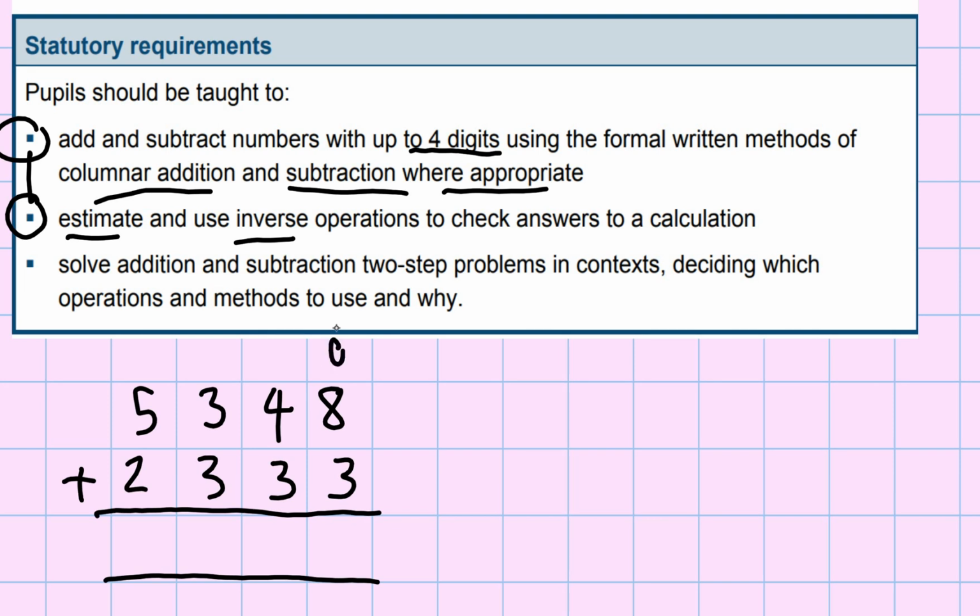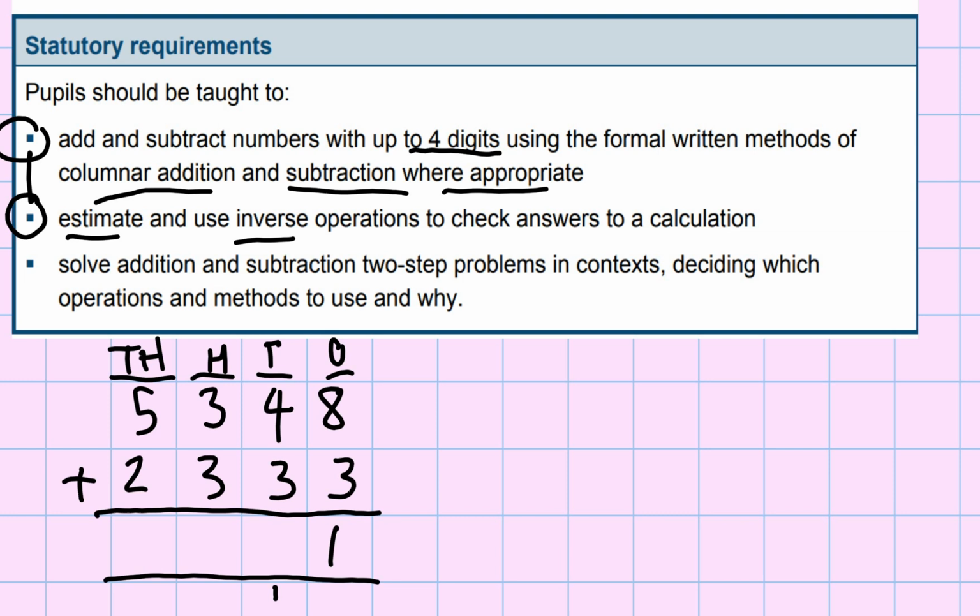So we look at our ones first. Our ones, tens, hundreds and thousands need to be lined up directly underneath one another accurately. So looking at the ones, 8 add 3 is 11. So we carry the 10 over.